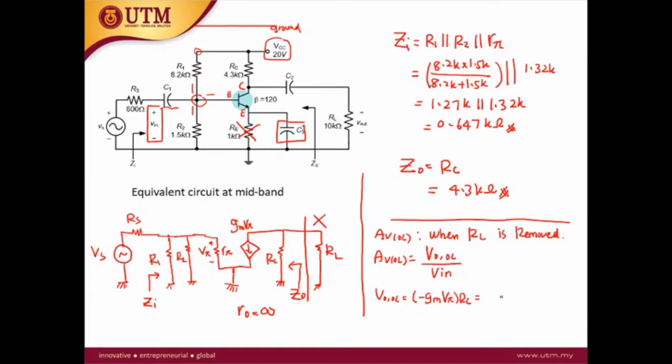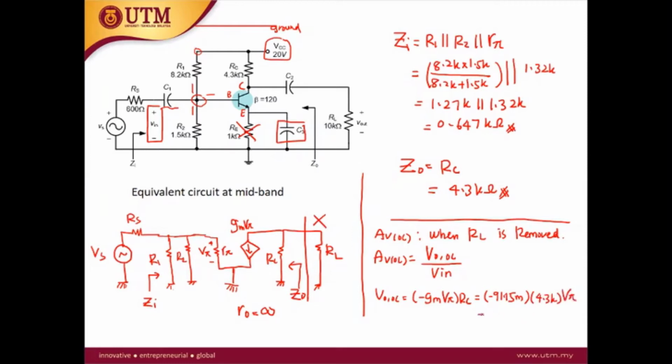Putting in the values, minus Gm is 91.15 millisiemens, times RC, which is 4.3K, times V pi.